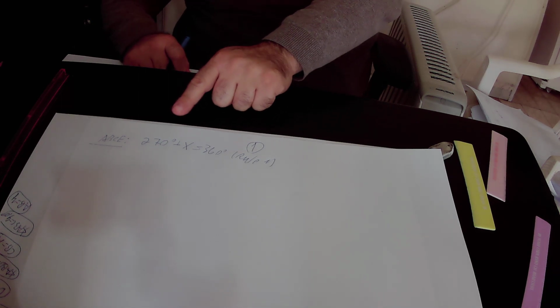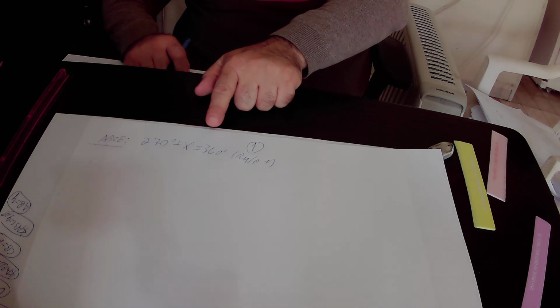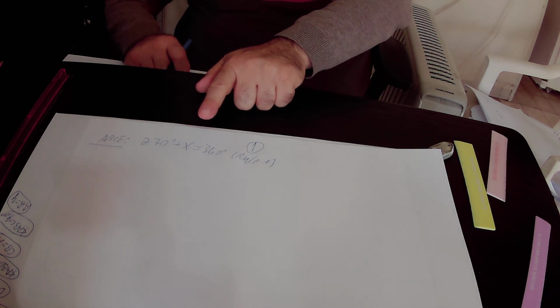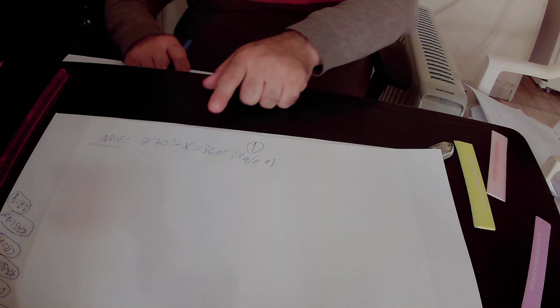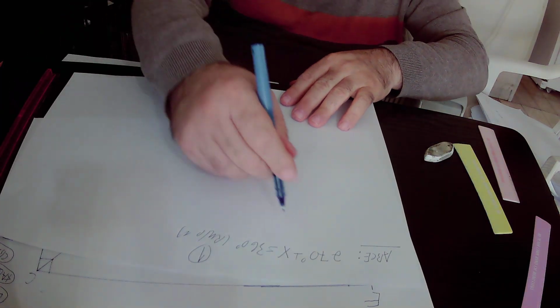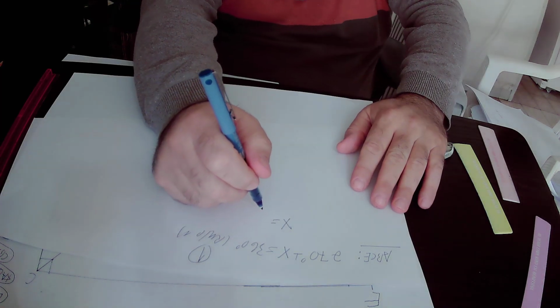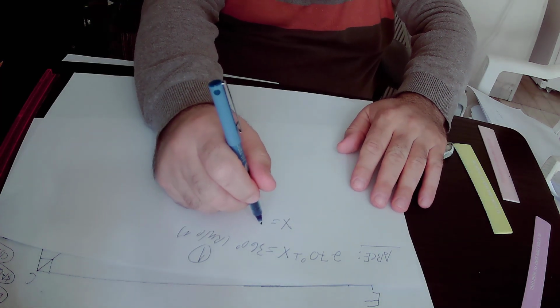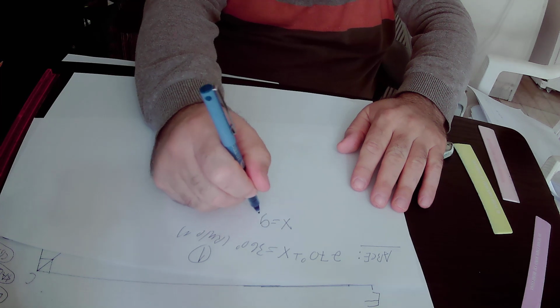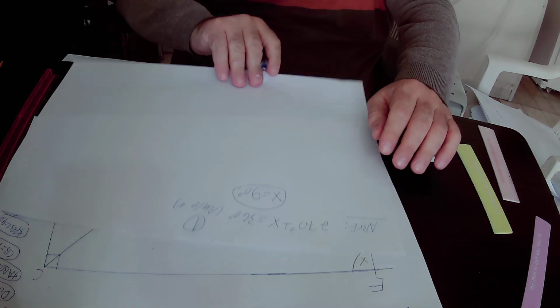That is to say, the sum of the three angles, 270 degrees, plus the size of the fourth angle must equal 360 degrees. We will subtract 270 degrees, and we will get that angle X equals 360 degrees minus 270 degrees, which is 90 degrees. So we found out that angle X is a right angle, that is to say it equals 90 degrees.